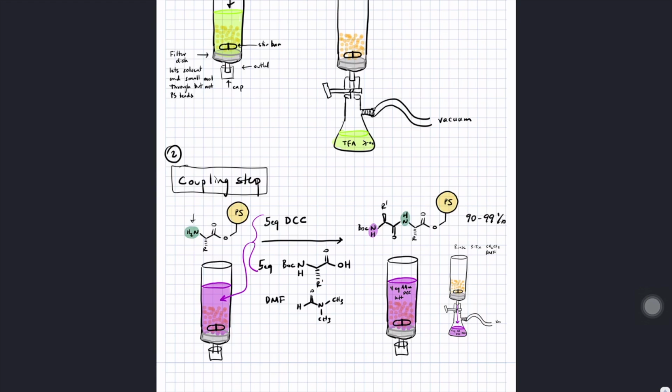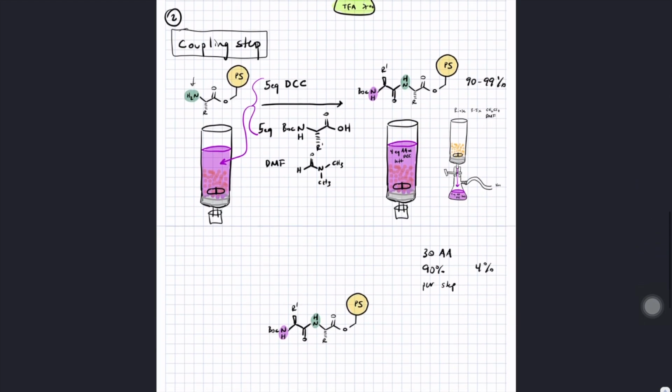So let's do just a little bit of math. Let's suppose our yield is 90% and we want to make a 30 amino acid peptide. If our yields were 90% per coupling and deprotection step, you would have 4% yield. With solution phase peptide synthesis, we got 0.12% yield, so that's a 42-fold increase in efficiency.